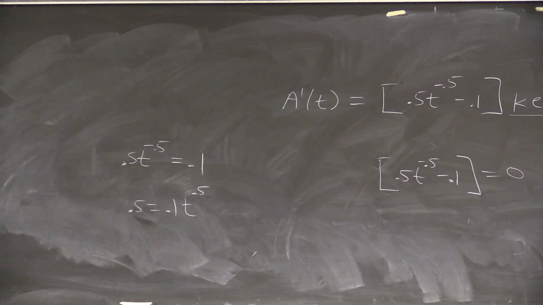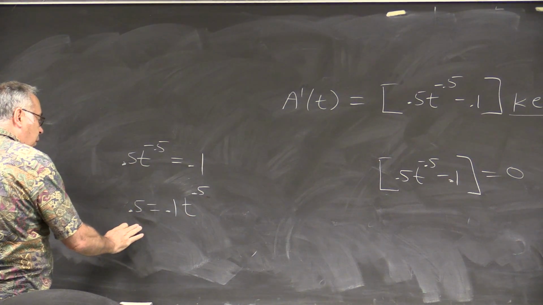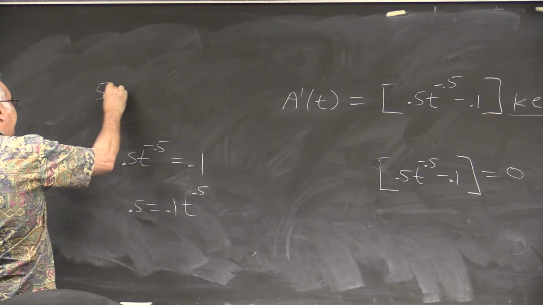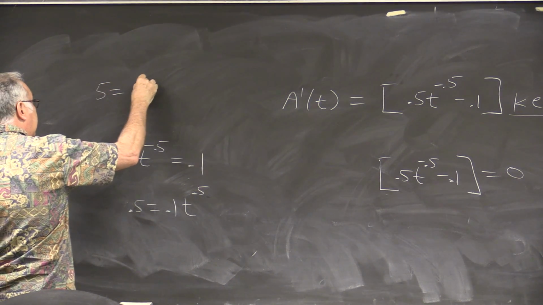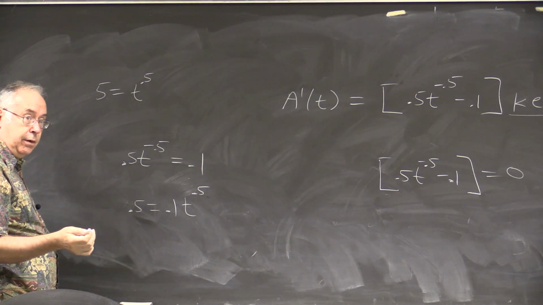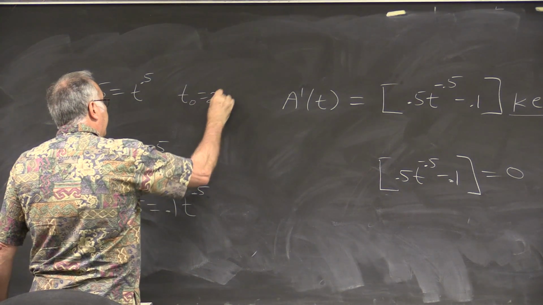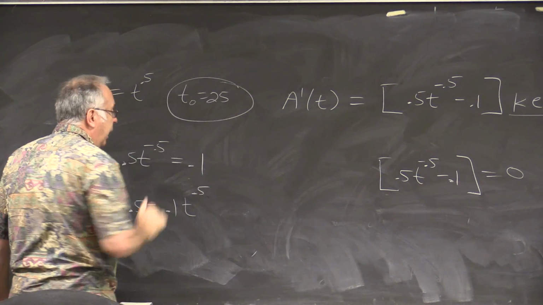Now divide both sides by 0.1, and you get 0.5 over 0.1 is 5. You get 5 equals t to the 0.5. Remember, t to the 0.5 is the square root of t. Square both sides, you get t equals 25. That's the critical value of t.